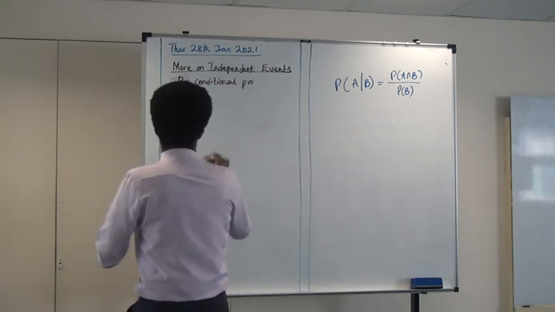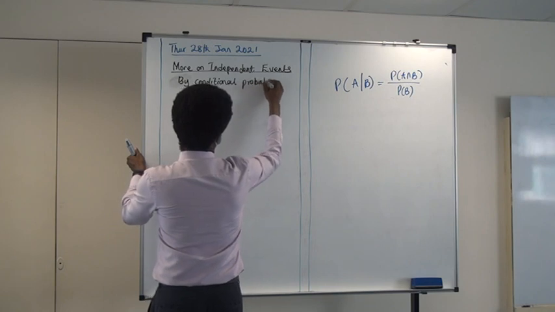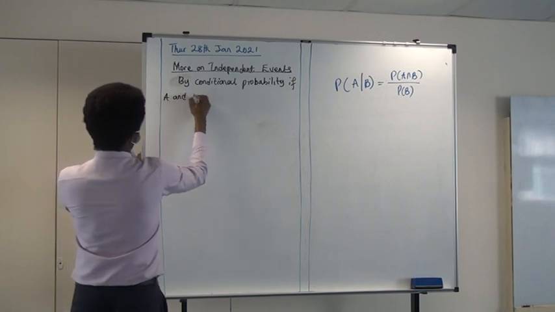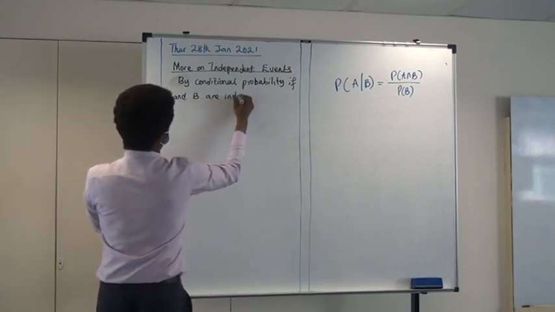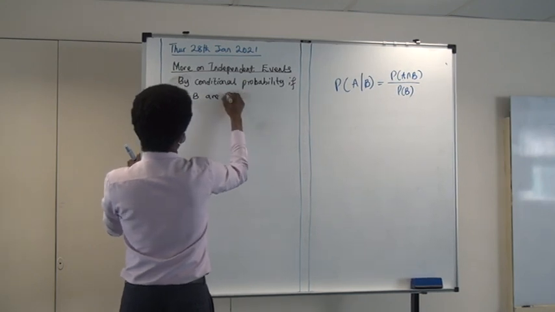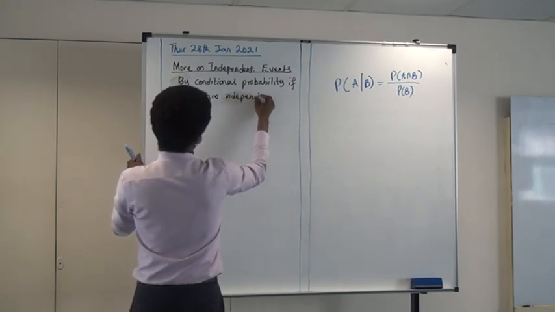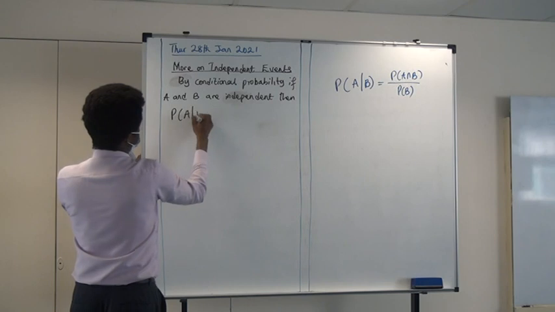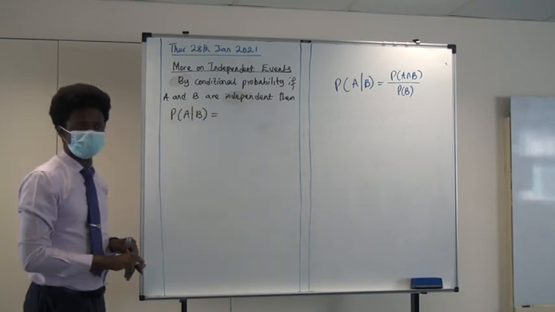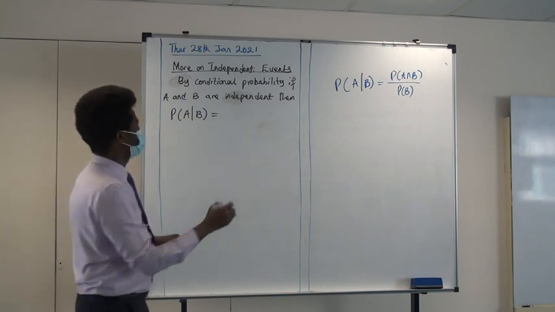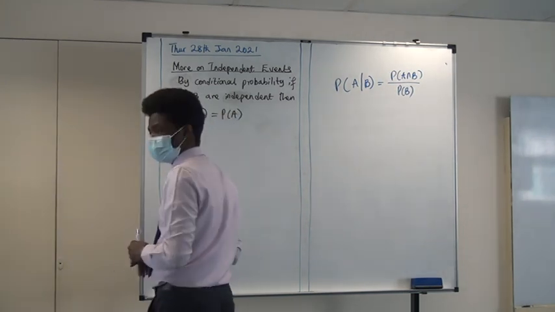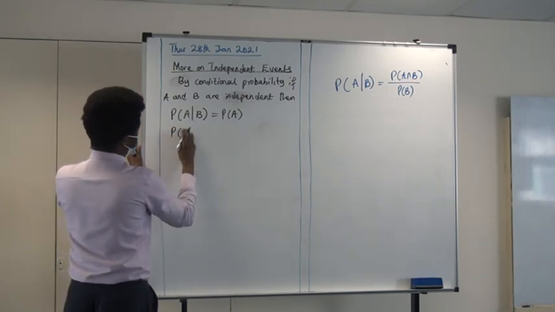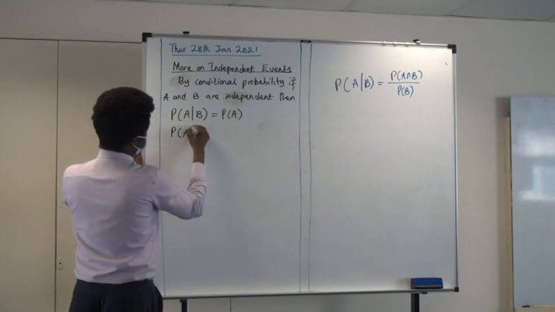So if they are independent events, by conditional probability, if A and B are independent, then what is the probability of A given B? Probability of A. Also, what is the probability of A given not B?